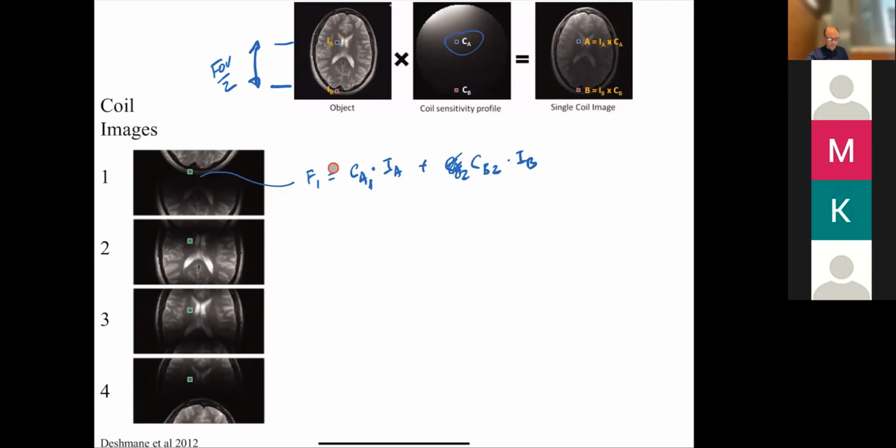So the first coil multiplies it by some coefficient CA1, and this should be CB1. That's just saying there's a sensitivity at A and a sensitivity at B, and this is for coil 1.